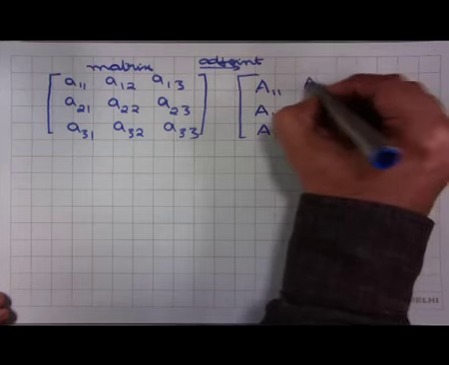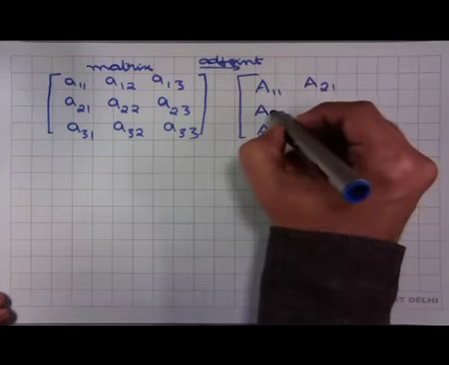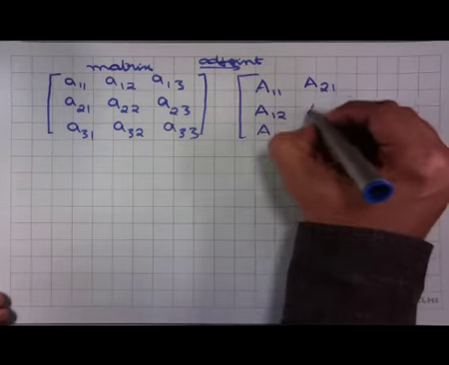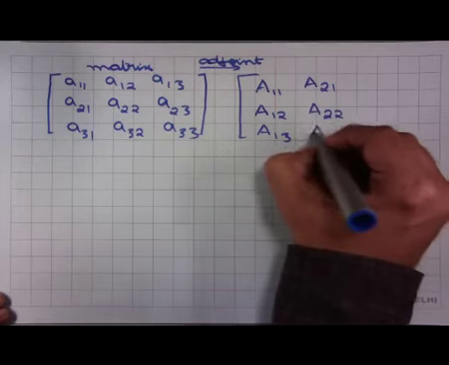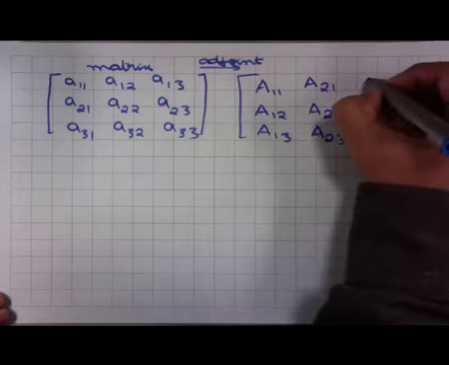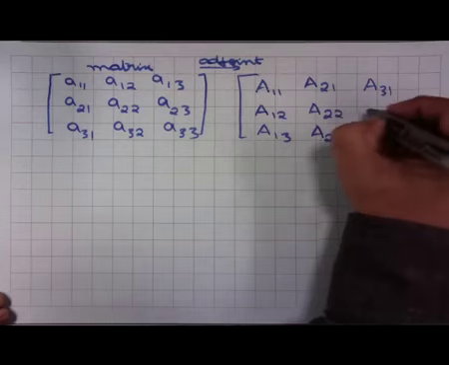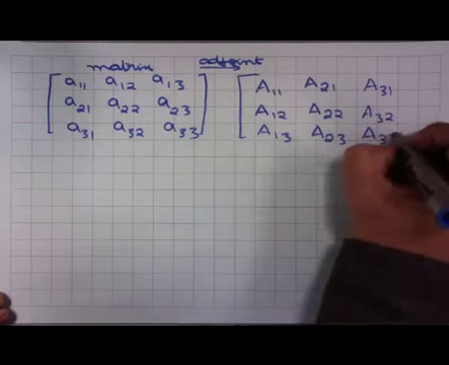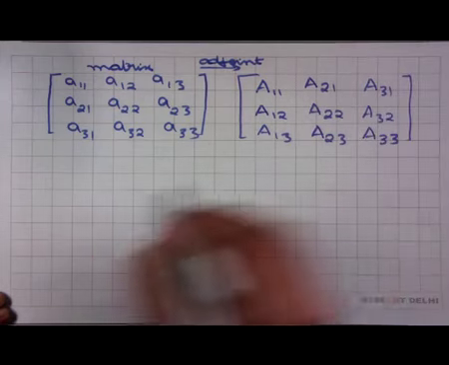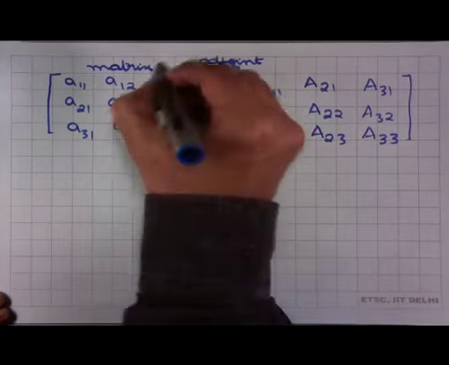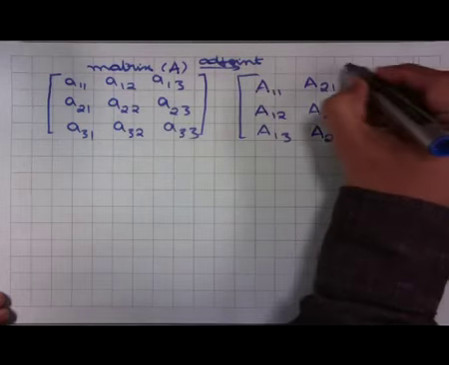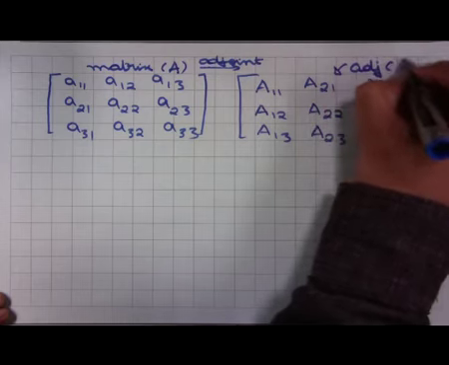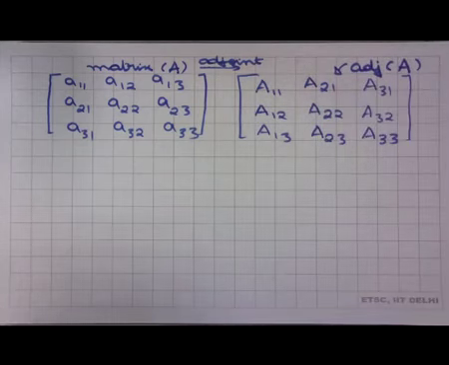Same here would be A21, because we are replacing the element here with the cofactor and then taking the transpose, and then A22, A23. Same over here, this would be A31, A32 and then A33. All right. So, this is the adjoint. If you call this matrix A, then this will be denoted by adjoint of A. All right. So, here is a matrix, here is its adjoint.